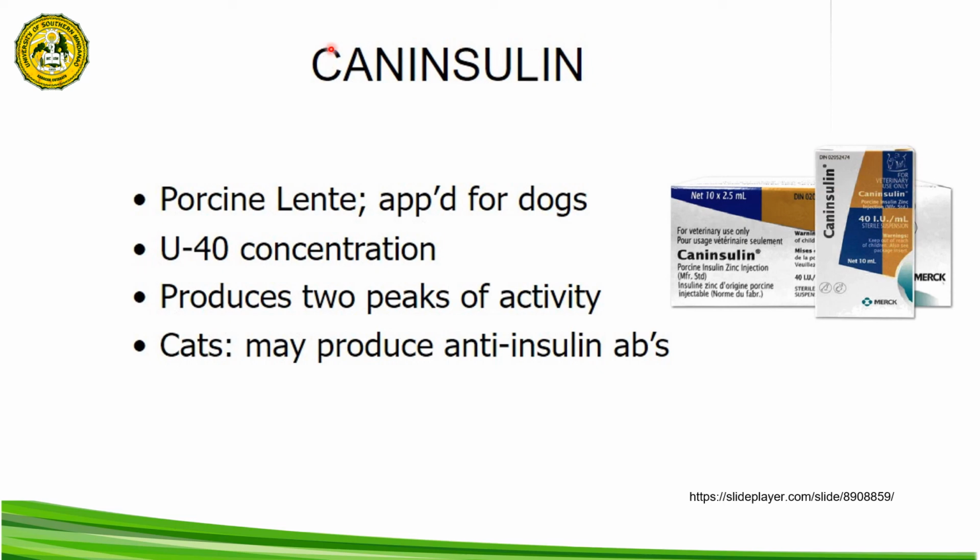Another insulin preparation is the Caninsulin. Caninsulin is the first insulin licensed for treating diabetes mellitus in dogs and cats. It is an intermediate acting insulin registered in over 30 countries and has a history of more than 25 years of use in dogs and cats.